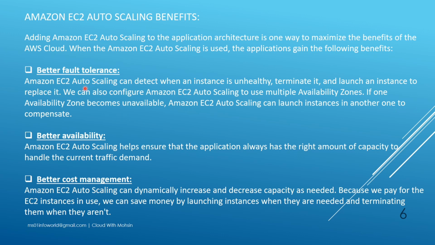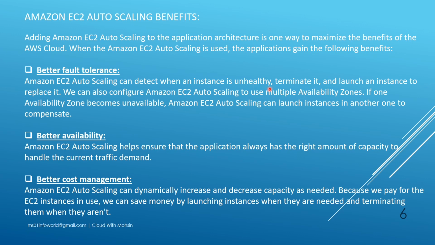So auto scaling not only launches instances, it also detects problems with the underlying instances. We can specify various parameters, such as the number of times, on the basis of which the EC2 auto scaling group will identify an EC2 instance as unhealthy before terminating it.